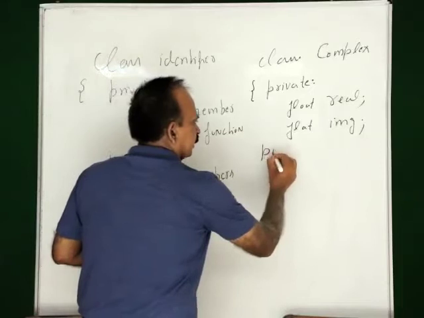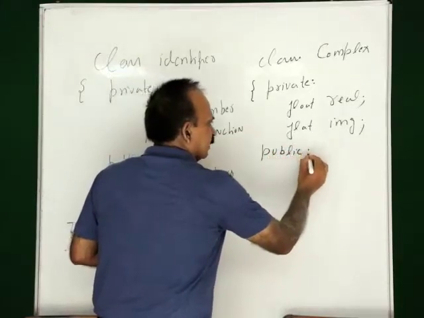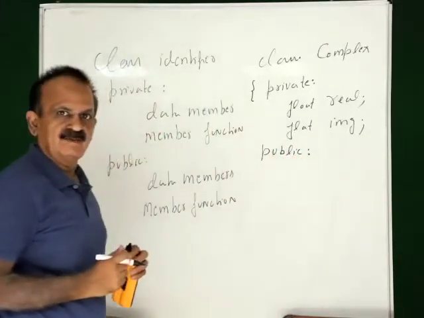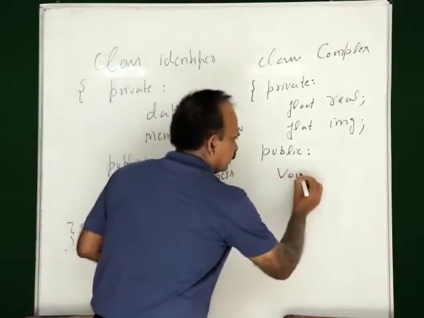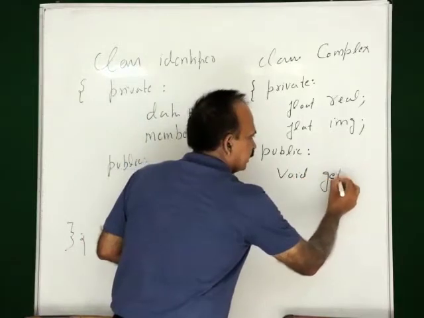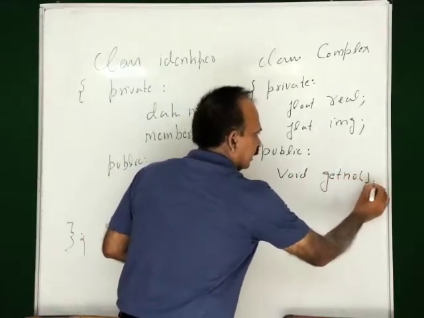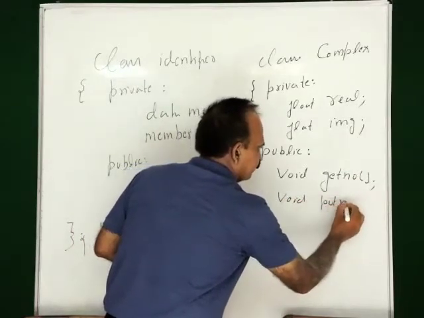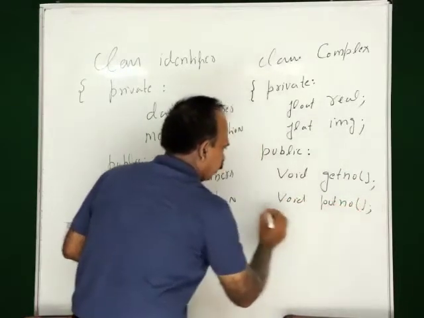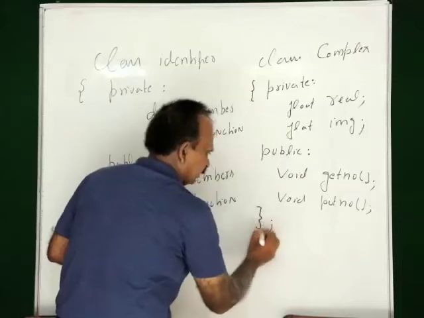Public. Public members are the members which can be accessed within the class as well as outside the class. I declare two functions, say one is input of this complex number and the other is output of this complex number. Brace is closed and semicolon.